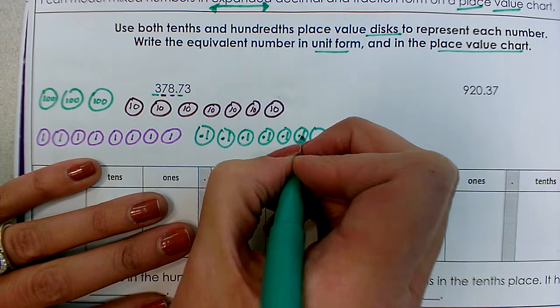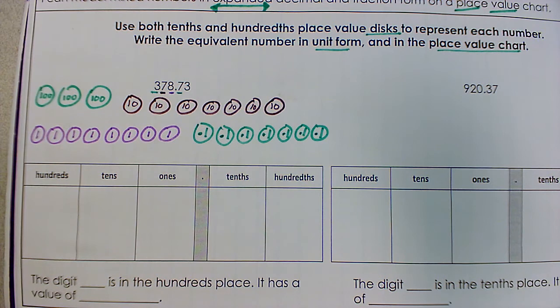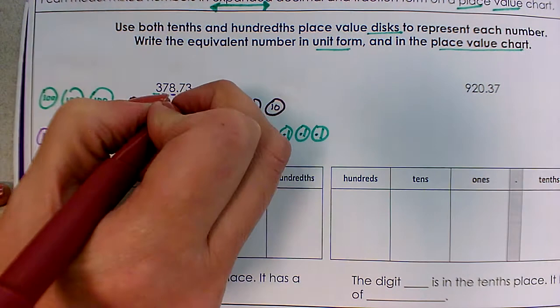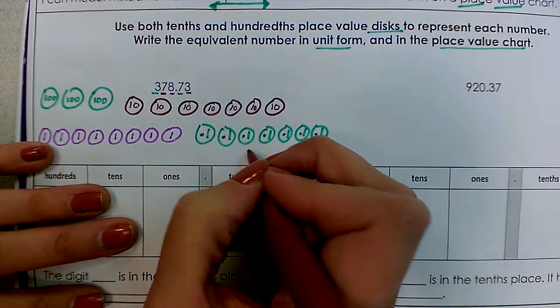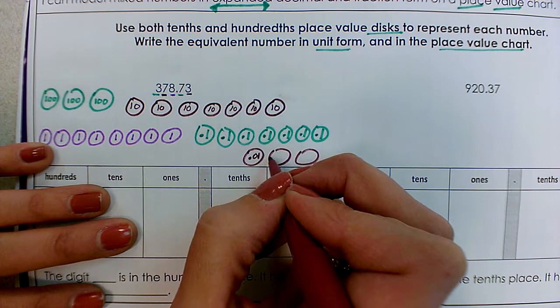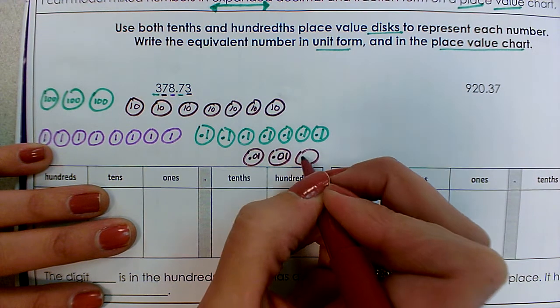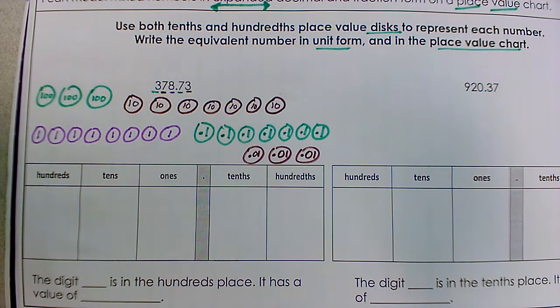You want to make sure your decimal can be seen in your circle. Then I still have one more place value to look at, and it's that hundredth place where my 3 is. And so I have 3, and each one represents a hundredth, which is a decimal point, a 0, and 1.